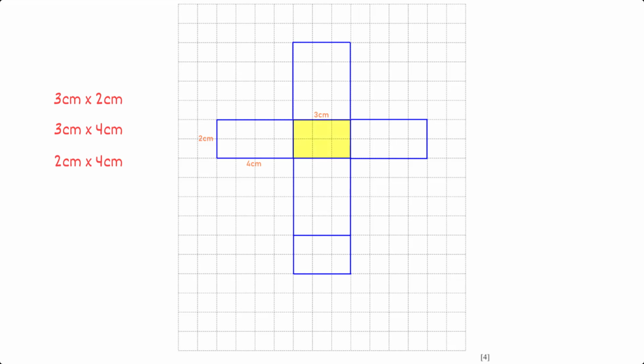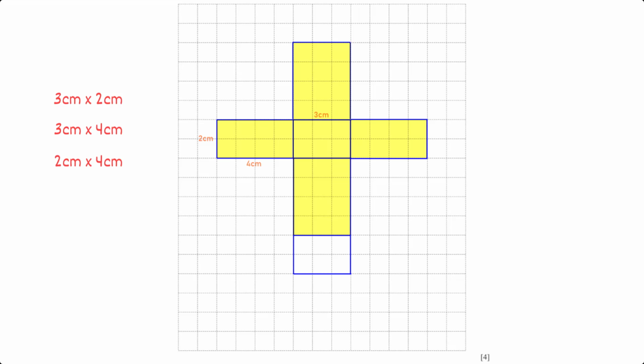Let's take the base to have the dimensions 3 centimeters by 2 centimeters. The base would be connected directly to the other 4 faces on all its sides. At the top and bottom, it will be connected to the faces with dimensions 3 centimeters by 4 centimeters. Then on the sides, it will be connected to the faces with dimensions 2 centimeters by 4 centimeters.